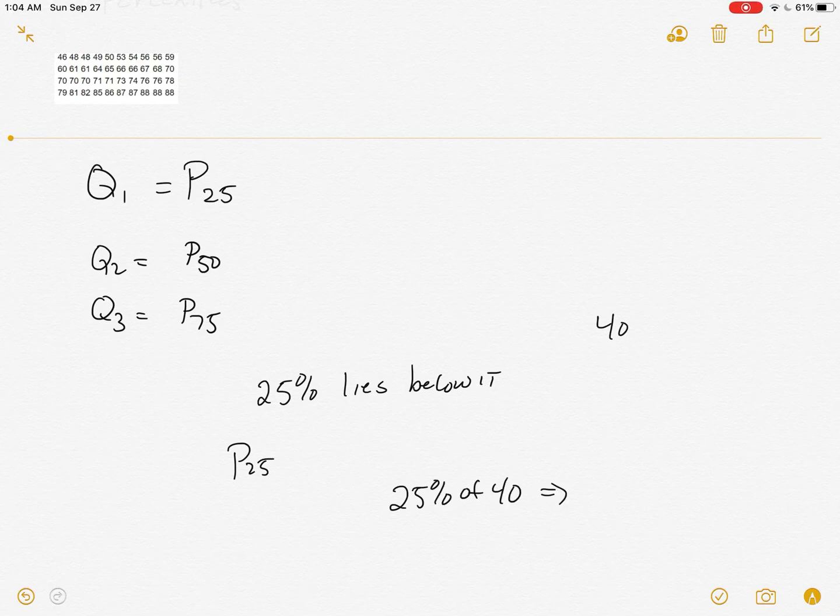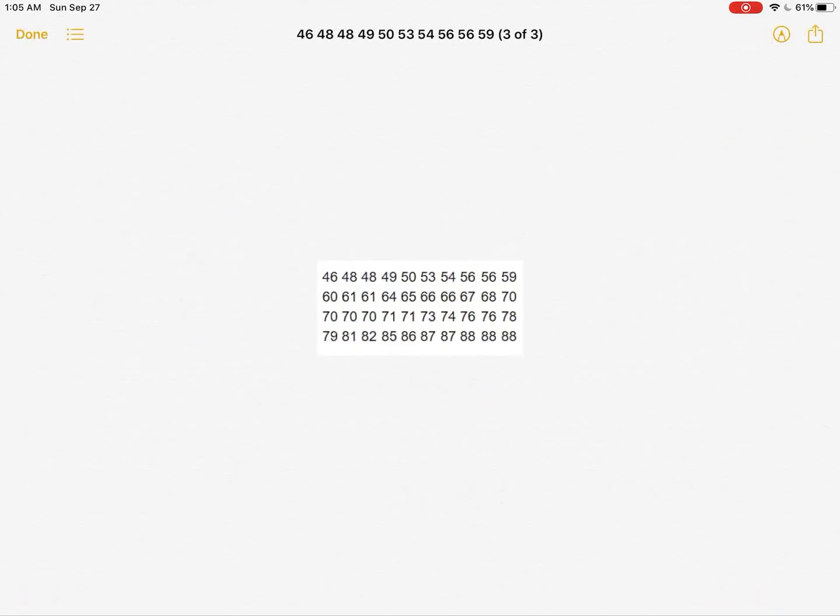You could do that on your calculator by using the percent button, or you could type in 0.25 times 40, and you're going to get the number 10 out. Now what 10 is, it's not our answer. 10 is a location. So we need to go in here and identify the 10th value. 59 is that 10th value.